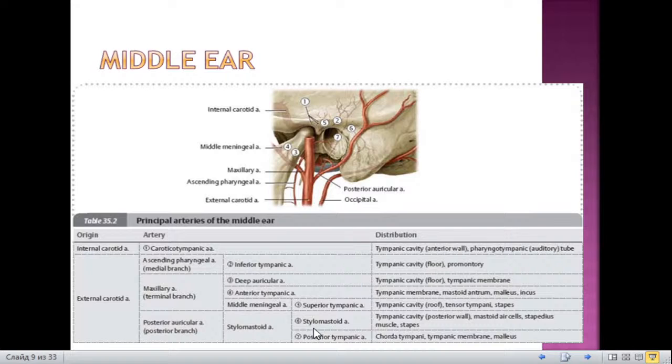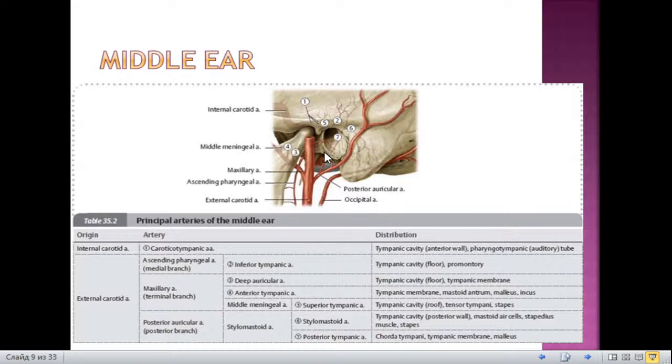So what are these branches? Firstly, the superior tympanic artery. The superior tympanic artery is a branch of the middle meningeal artery, but the middle meningeal is a branch of the maxillary artery, which is a branch of the external carotid. The superior tympanic artery enters the tympanic cavity.